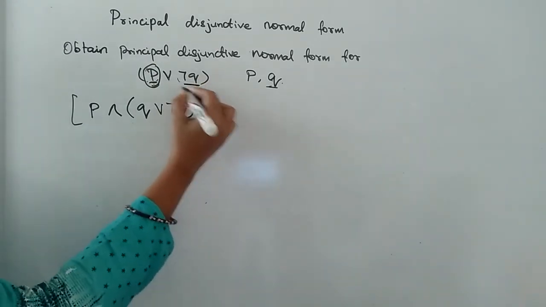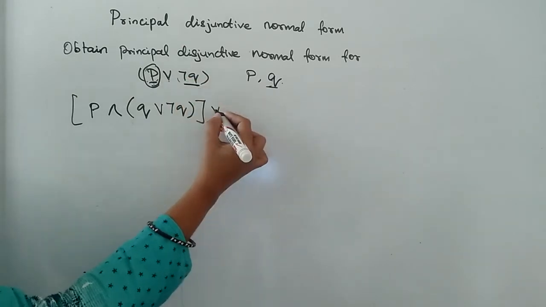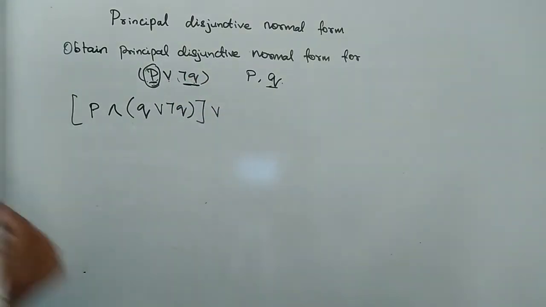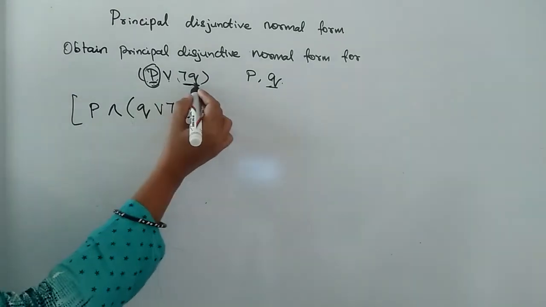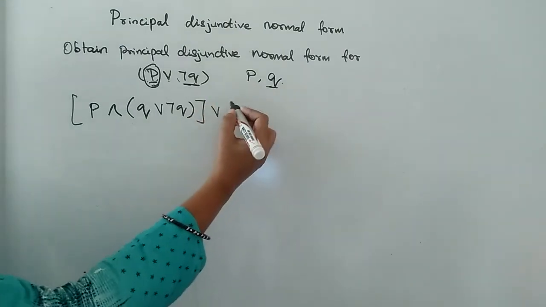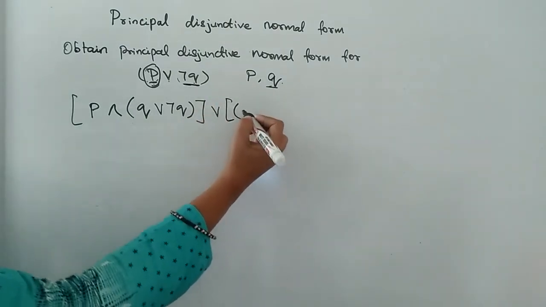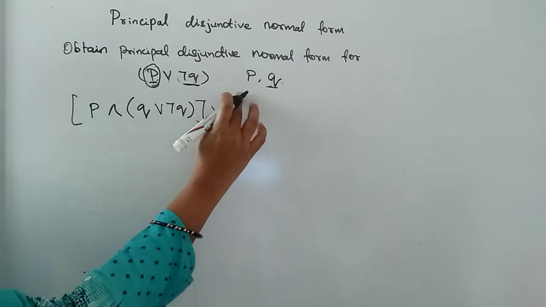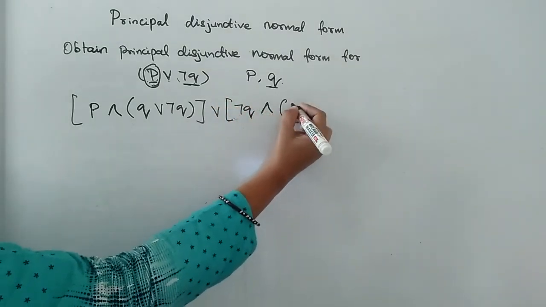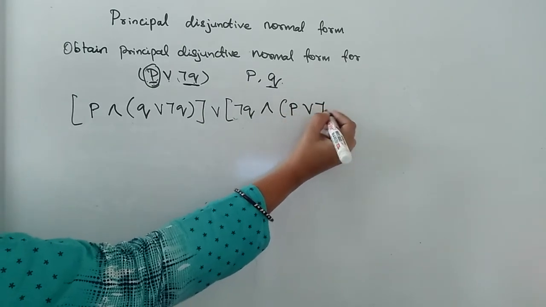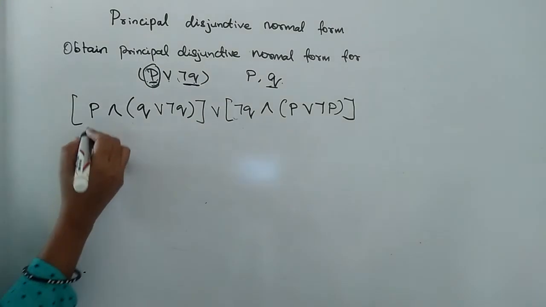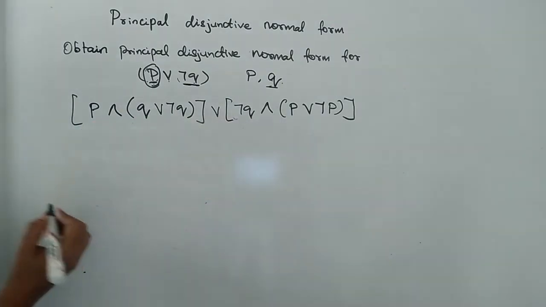And for the next one, we can write this operation here, and when I am considering this, I have the variable Q, but I am not having the variable P. So in order to include that, what I am going to write here is and P or negate P. So next we can expand this statement.